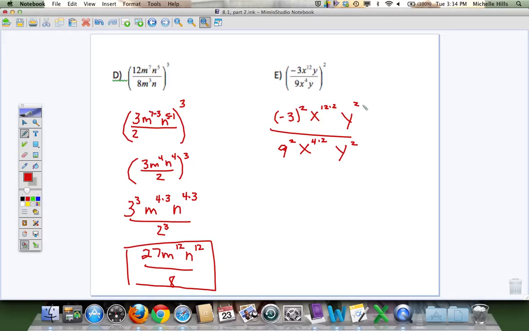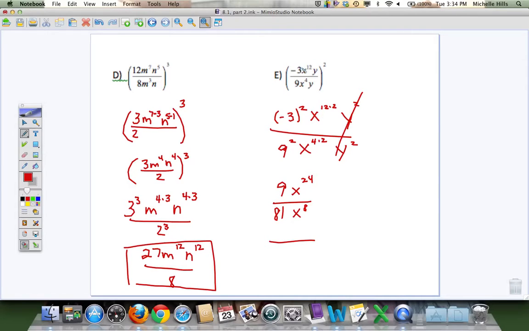Now very quickly, y squared divided by another y squared is something divided by itself. That can cancel because that's just 1. So negative 3 squared is 9, and then x to the 24th over 9 squared is 81, x to the 8th.